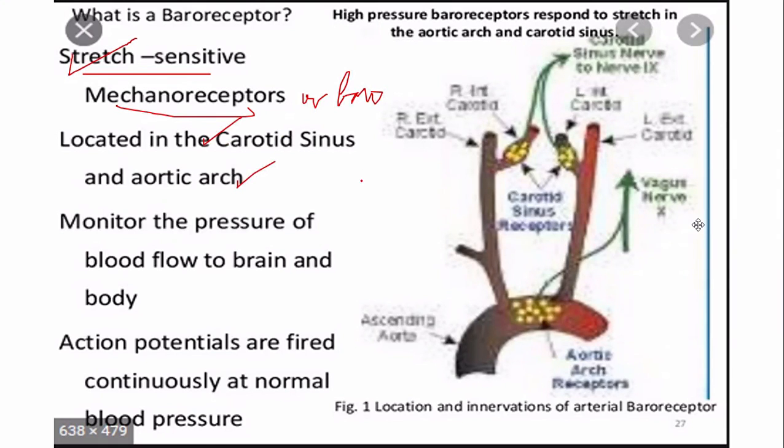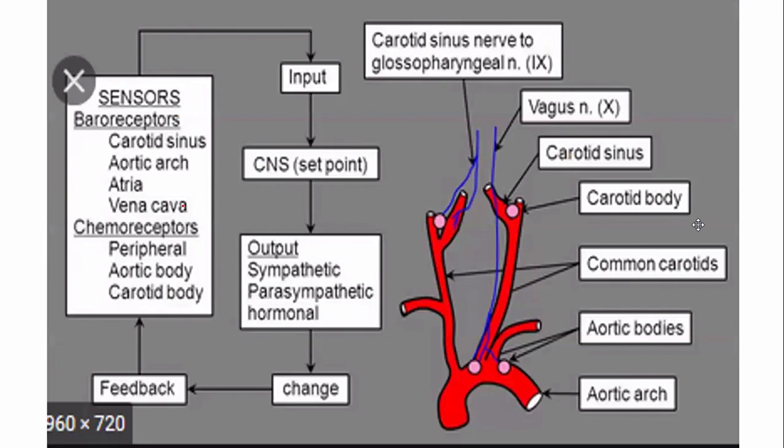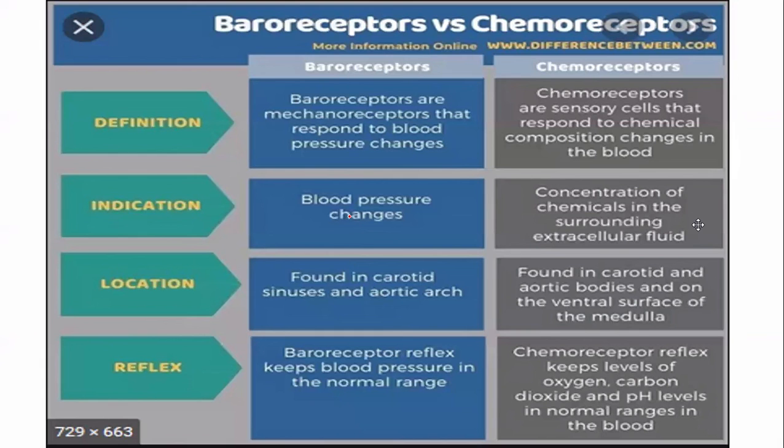While the carotid body has chemoreceptors only. So baroreceptors respond to blood pressure changes, while chemoreceptors respond to the chemical composition of the blood, so carbon dioxide and oxygen.